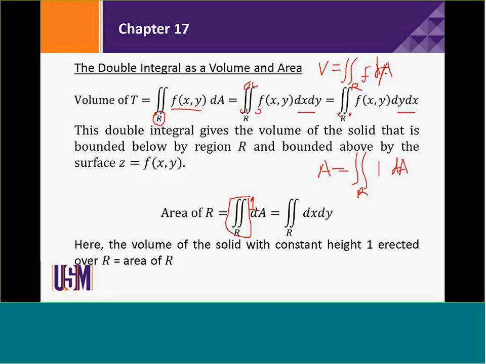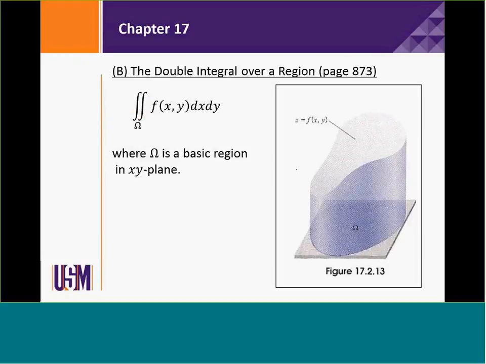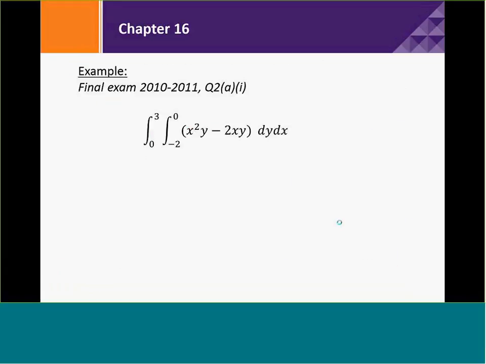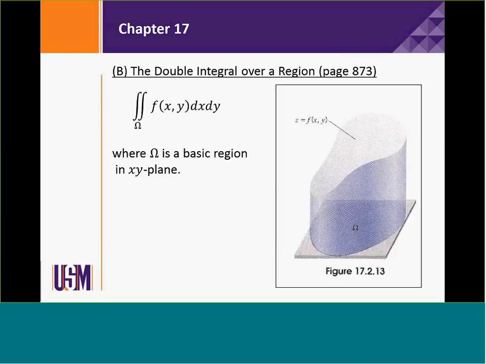So the region here just now is a rectangle. But there are also regions R that are irregular shapes. It can be any shape, maybe represented with a function. So what does it mean here? Over the region, it's still the same: f(x,y) is the surface covering the top.